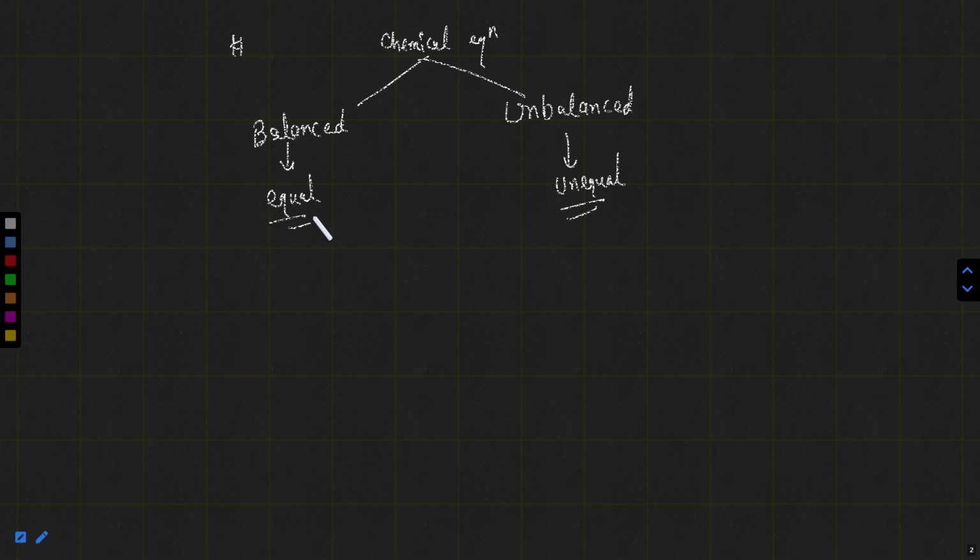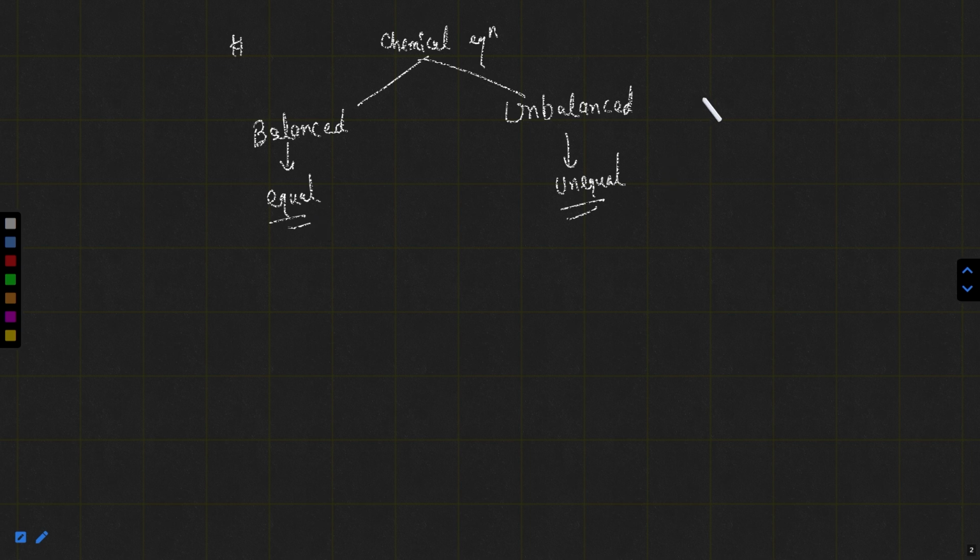A balanced chemical equation follows the law of conservation of mass. In the previous grade, in the 9th grade, you have understood what the law of conservation of mass is, because you know very well, according to the law of conservation of mass, the total mass of the reactants must be equal to the total mass of the products. It means in a balanced chemical equation, the total mass of the reactant side must be equal to the total mass of the product side. Means the number of atoms of each and every element in the reactant side is equal to the number in the product side.